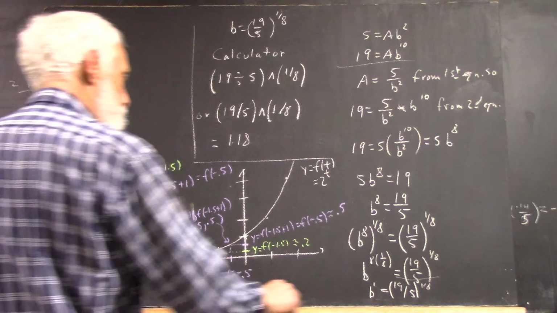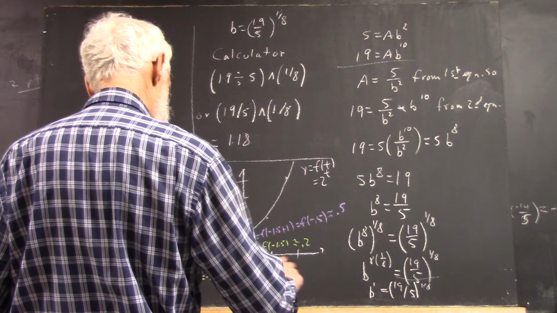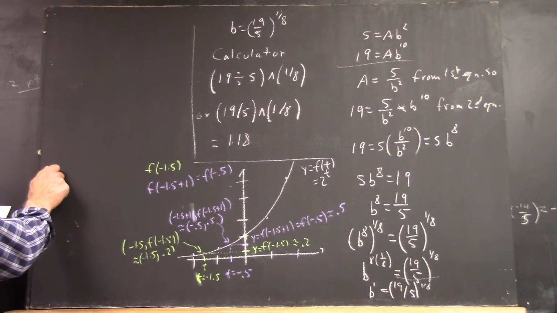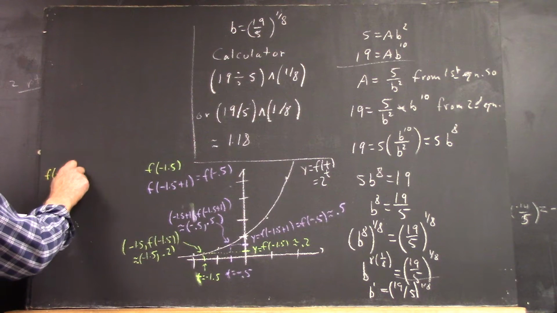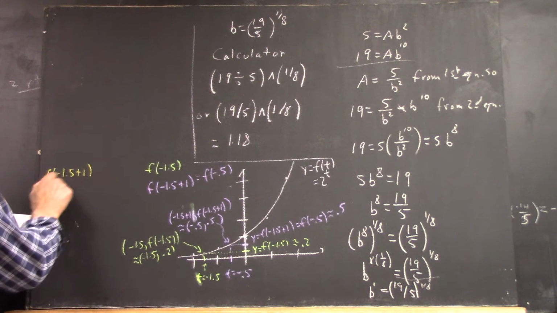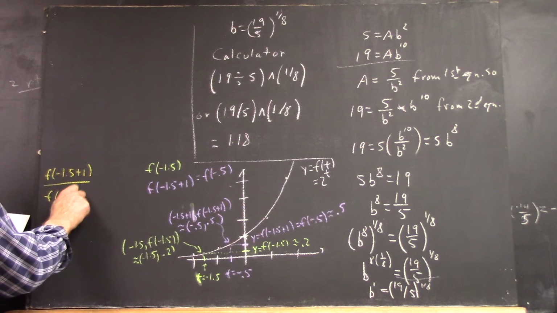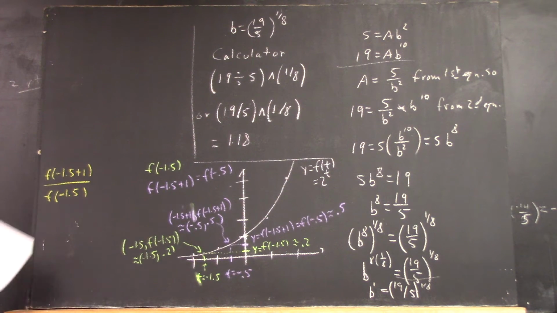Now, according to our estimates, the next thing we want is f of negative 1.5 plus 1 over f of negative 1.5, right?